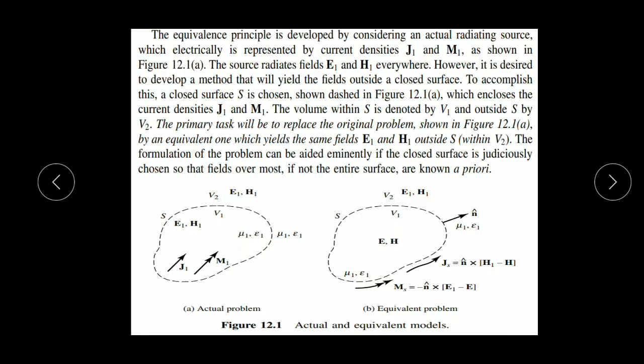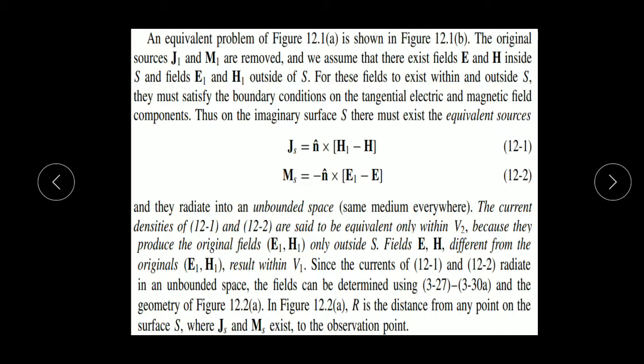The primary task will be to replace the original problem in figure A by an equivalent one which yields the same fields E1, H1 outside S, within V2. The same field is radiated in V2, E1 and H1. The formulation of the problem can be simplified if the closed surface is judiciously chosen so that the fields over most, if not the entire surface, are known a priori. So an equivalent problem of figure 12.1(a) is shown in figure 12.1(b).